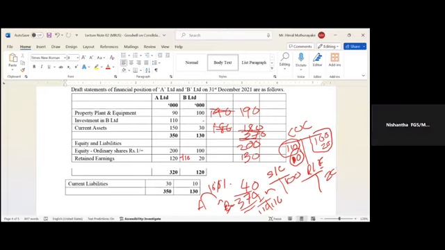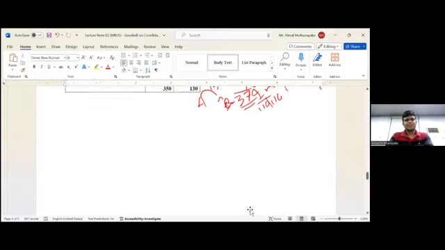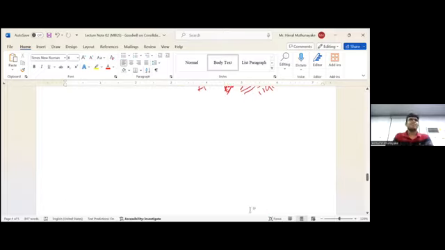Okay, the next question in your examination, the examiner can ask: what are the double entries for the goodwill? When it comes to consolidation, what are the double entries for the goodwill?